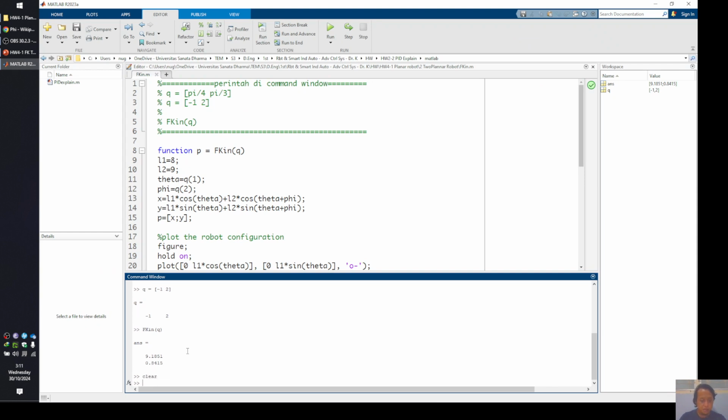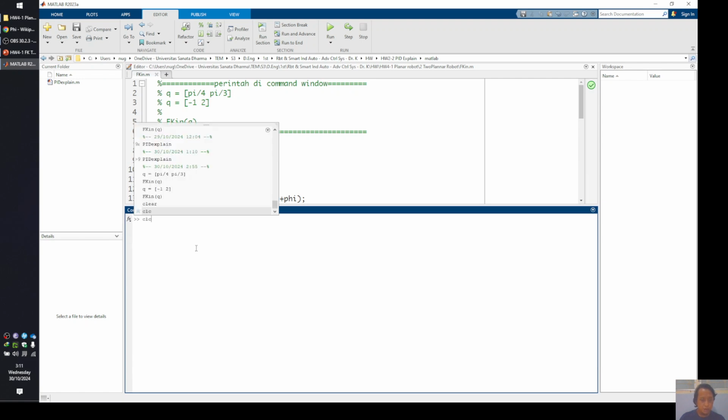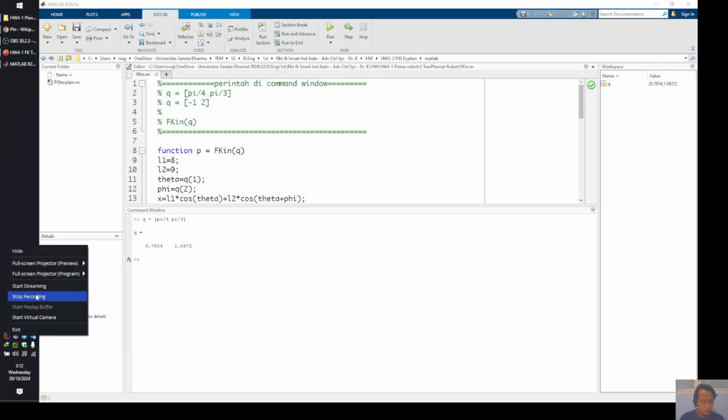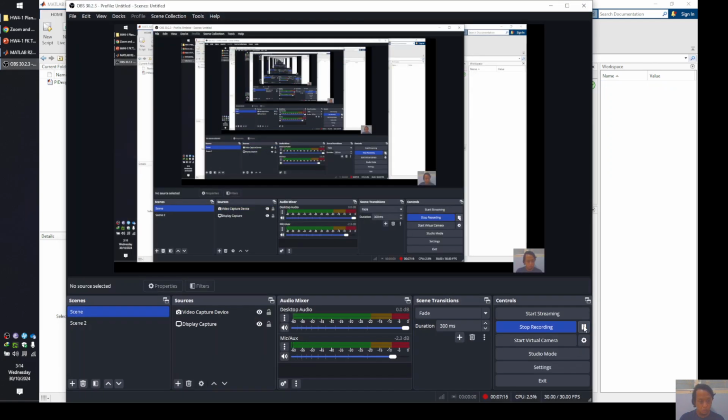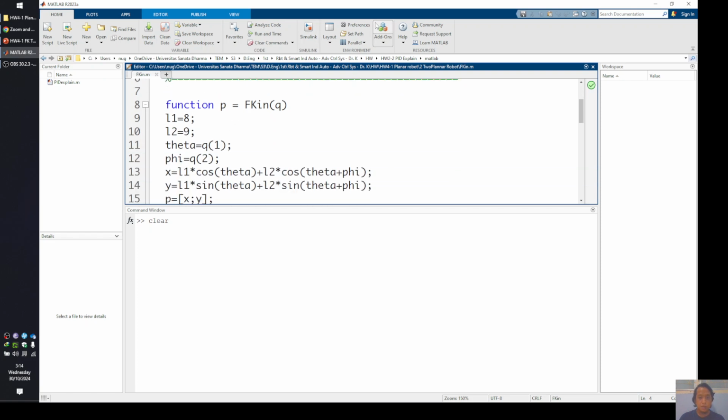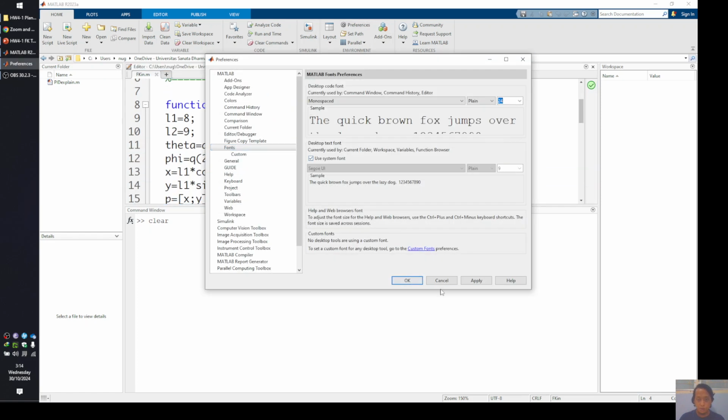Let me clear it first. Clear, and so when I want to put Q, this is the Q. Okay, let me change the preferences like this.